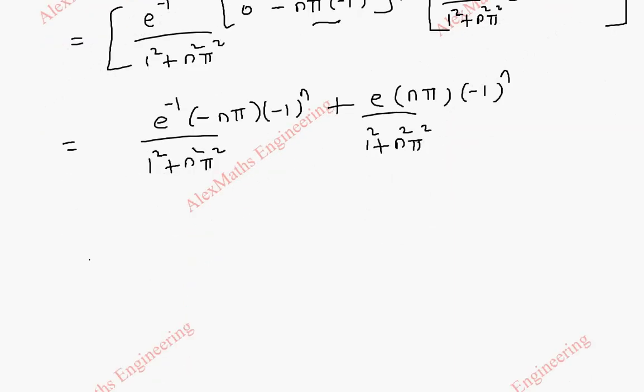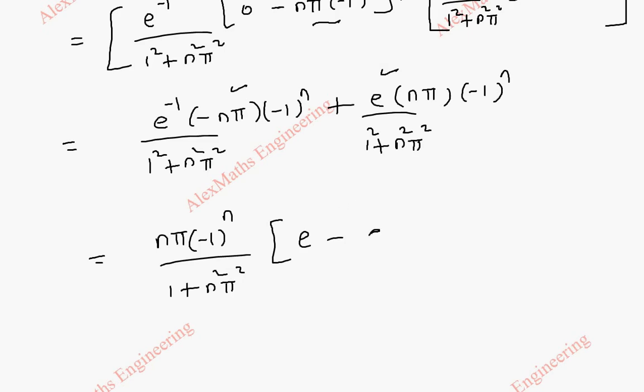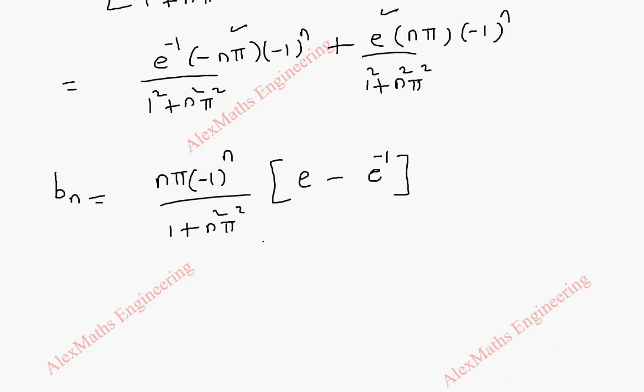So finally we can take n pi, then minus 1 whole power n common, and denominator 1 plus n square pi square also common. After that, let's write the positive term first, then minus, there's a negative sign, so e power minus 1. We can leave it like this as bn, or it can also be written as 2 sinh of 1. So n pi minus 1 whole power n by 1 plus n square pi square, and this is sinh of 1 two times.